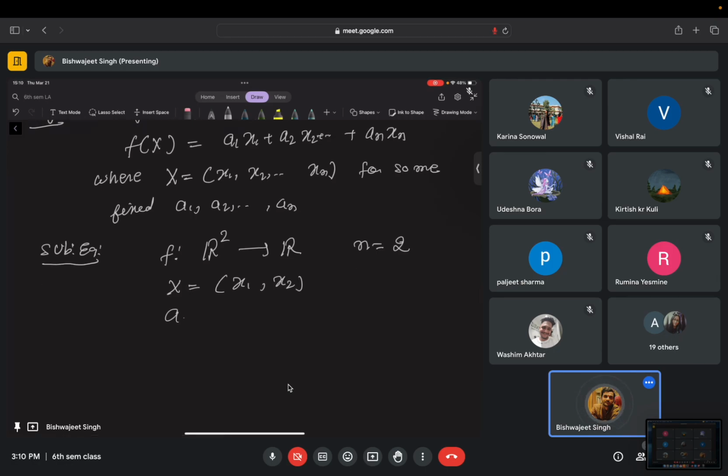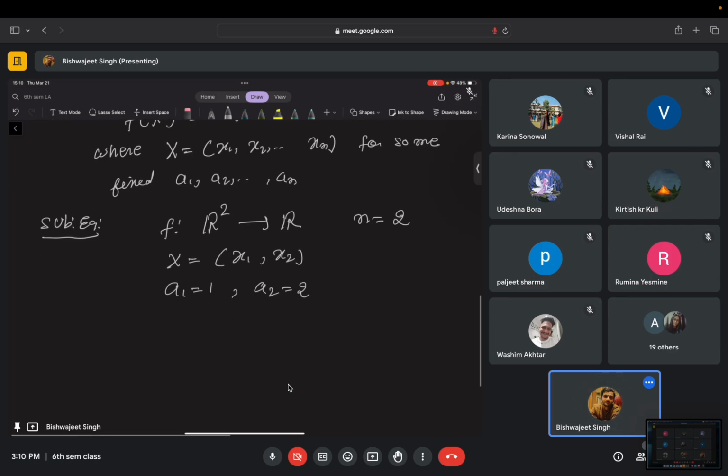And let me define a1 equals 1 and a2 equals 2. We can actually take any a1, a2, it is our choice. And what I am defining is f of x equals a1 x1 plus a2 x2. Now this is a linear functional.